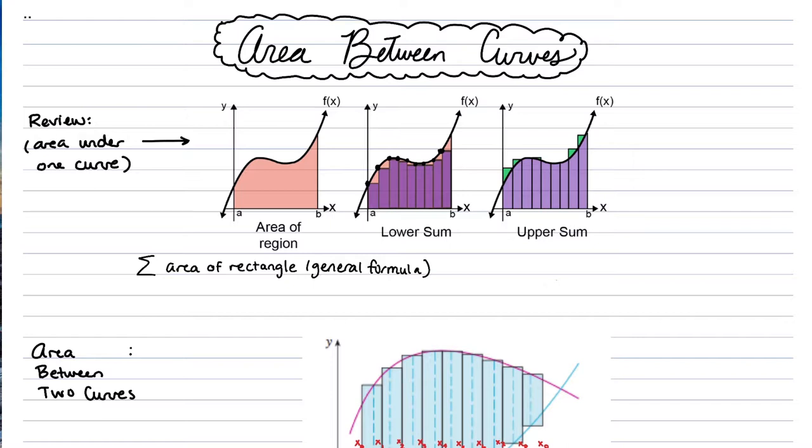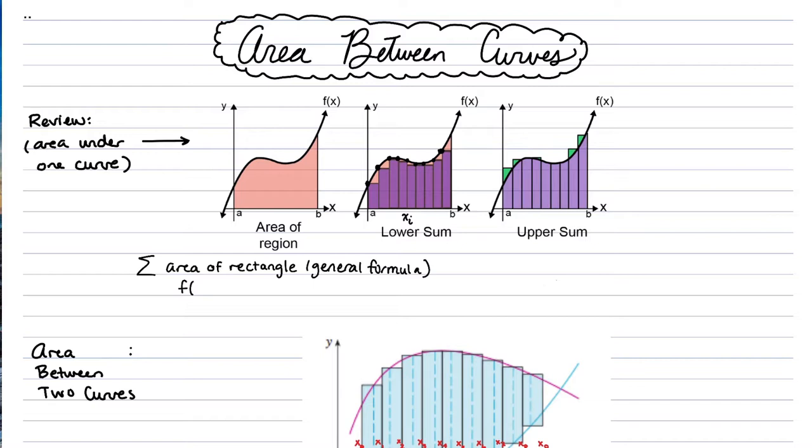The area of the ith rectangle would be f of one of those little x values. We'll call the general one in the middle xi. Notice that as we vary the number of rectangles, in this particular example I have 9 rectangles, but you can vary the number of rectangles. So we're going to leave it general.